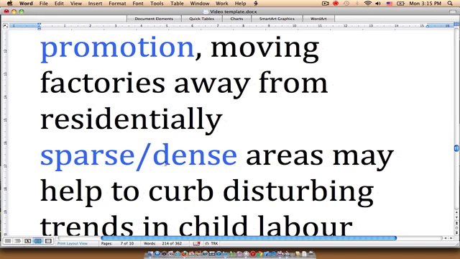Areas of Siberia in Russia are very sparse. People do not live very closely together. So now if you think about what our argument was, this essay is arguing that factories should be moved to more rural areas. So the sentence reads, moving factories away from residentially sparse or dense areas may help to curb disturbing trends in child labor.